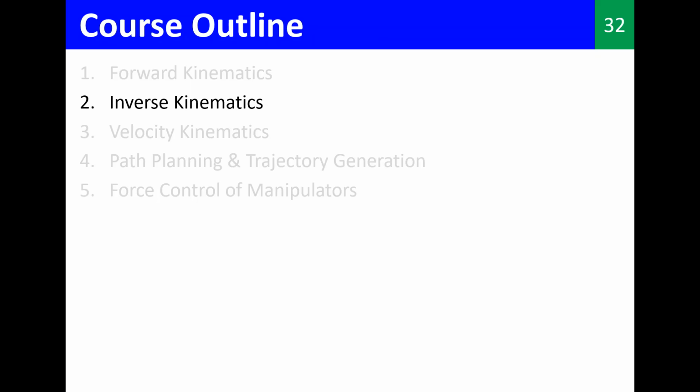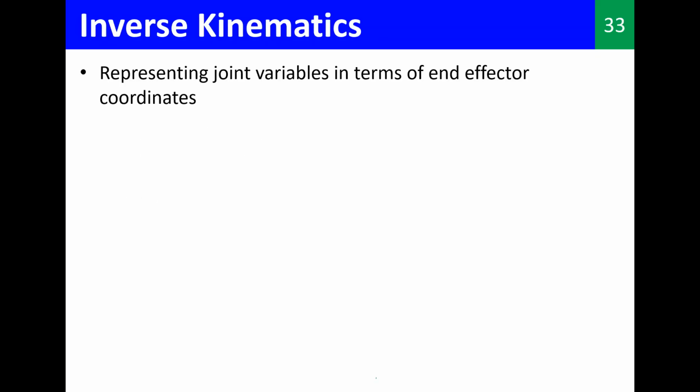So when we say inverse kinematics, we want to represent the joint variables based on the end effector coordinates. So if I draw again a black box like this, my input is actually x, y, and theta, and my output should be theta 1 and theta 2. If you look at it carefully, this is what we really want, right?